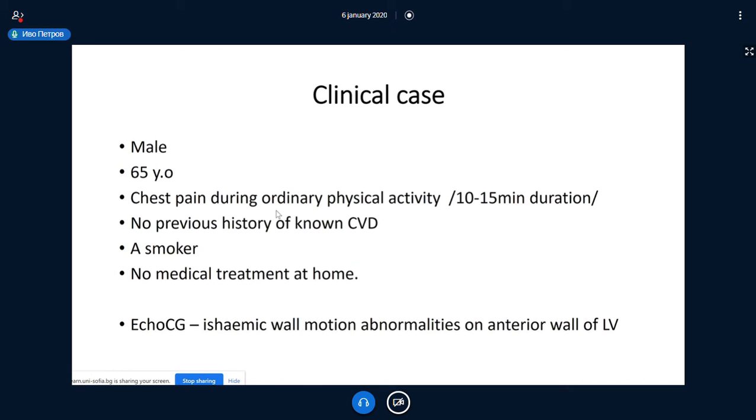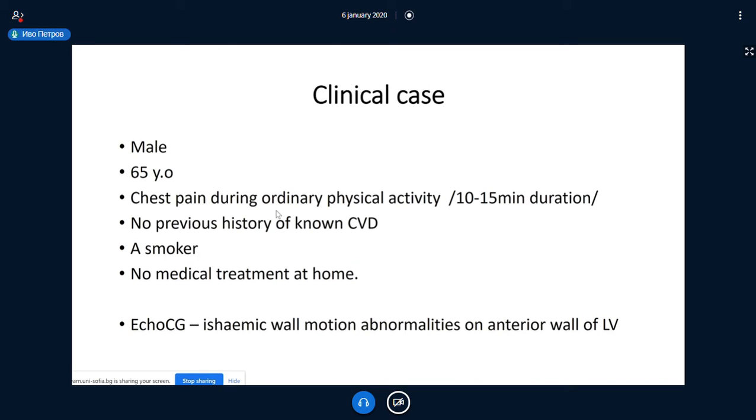I'm showing here a clinical case. It's a 65-year-old male with chest pain during ordinary physical activity, lasting 10 to 15 minutes. He has no previous history of known coronary vessel disease, but he's a smoker, and he didn't take any medication.